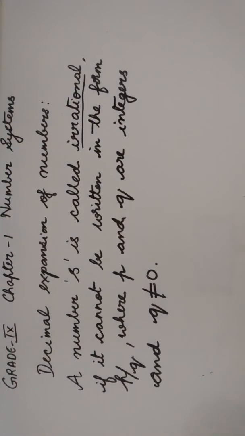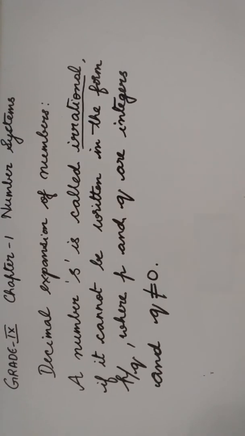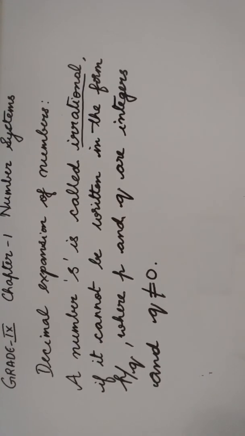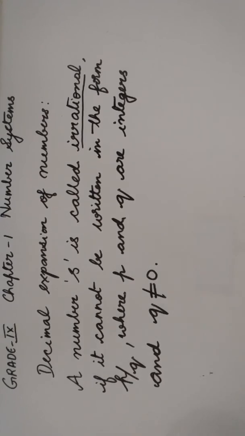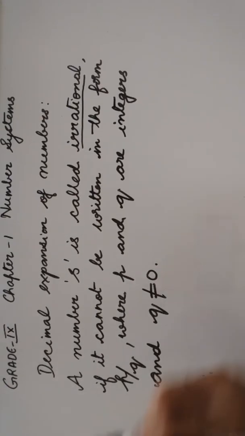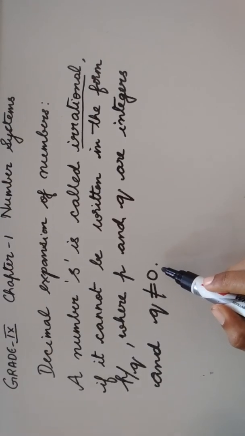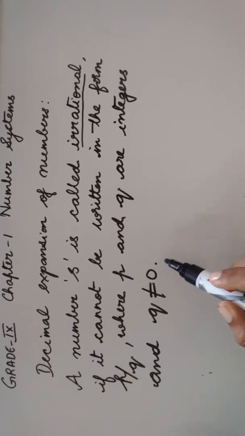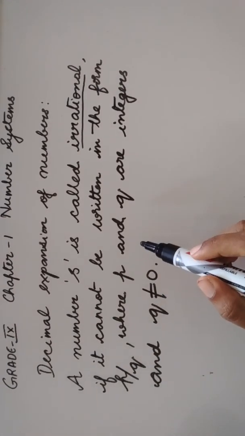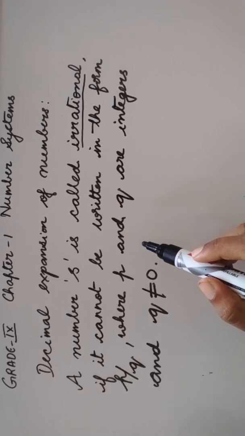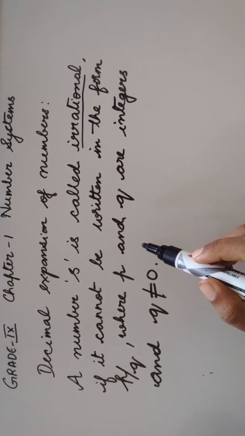So we learned the first one, the terminating decimal, and the rest of the 2 I told you I will teach you after the definition of the irrational number. So this is irrational number. I told you irrational number cannot be expressed in the form P by Q as the rational numbers.